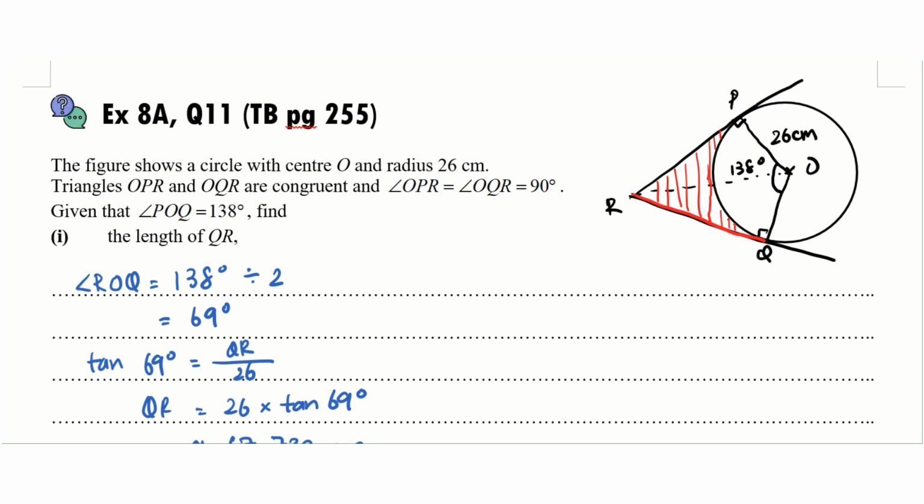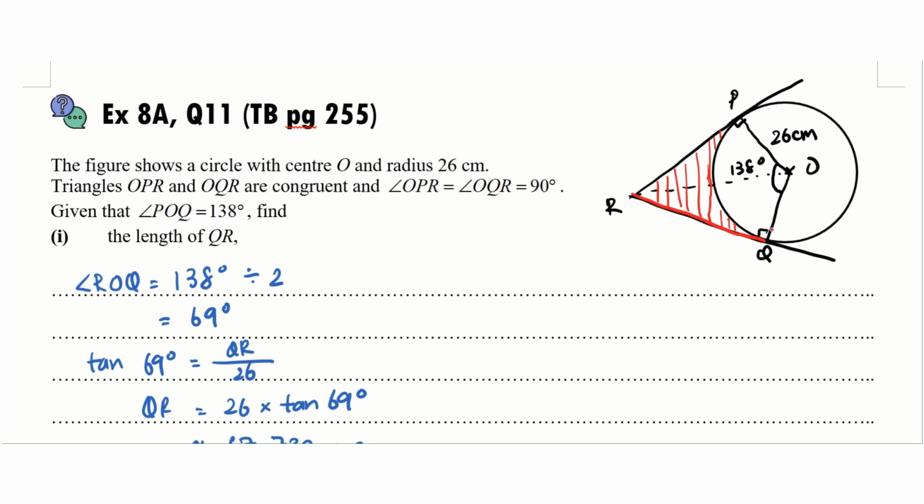To find the length of QR, we need to see that because OPR and OQR are congruent triangles, angle ROQ will be 138 degrees divided by 2, so we get 69 degrees.